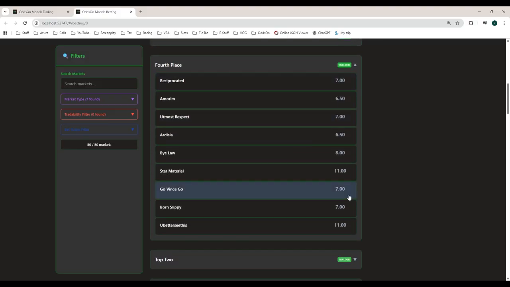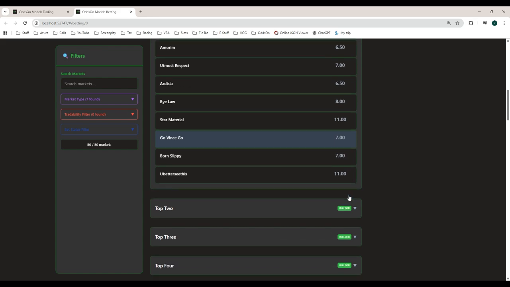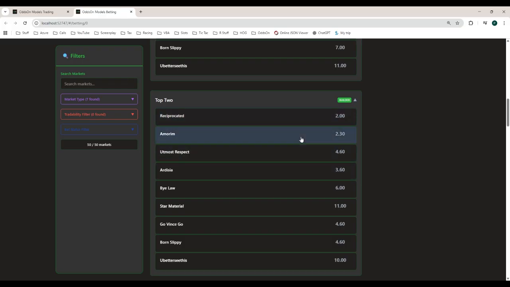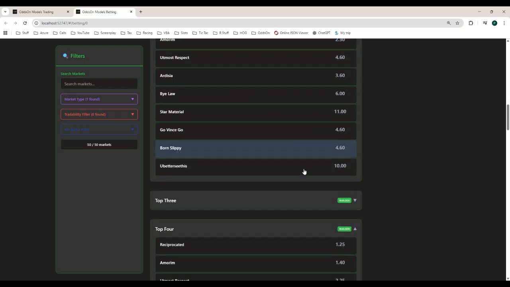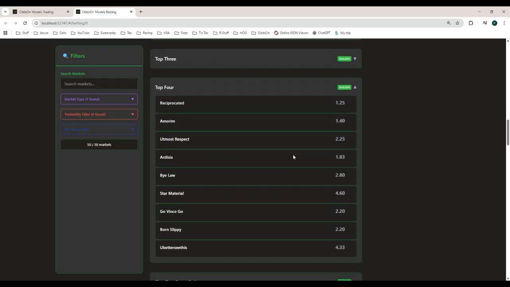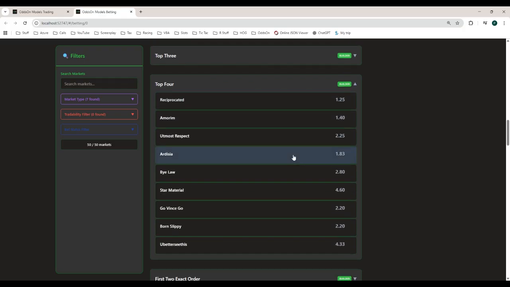But it's a bit run of the mill for fourth place, because by the time we've got down there, there's a lot of uncertainty. But we also do the places, so the top two, and this is obviously a lower price, down to the top four, where now some of these favourites are very short indeed. As I said, in the pricing video we'll look at how we can change these depending on what type of race it is. But for now, let's just have a look at the markets.